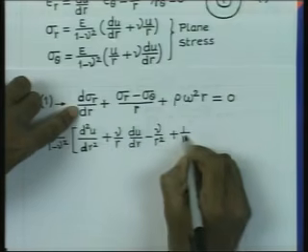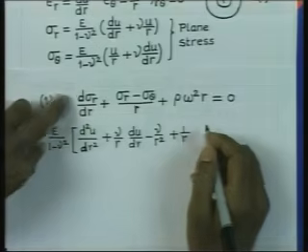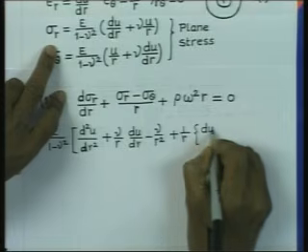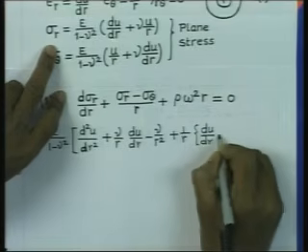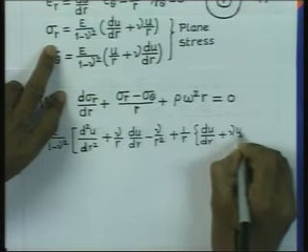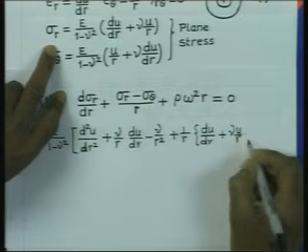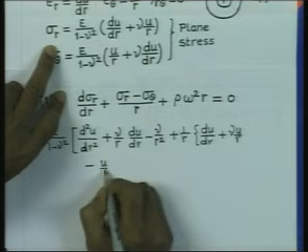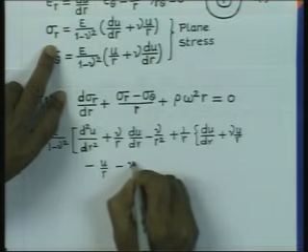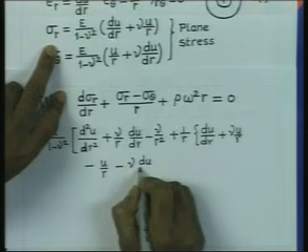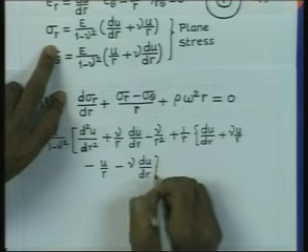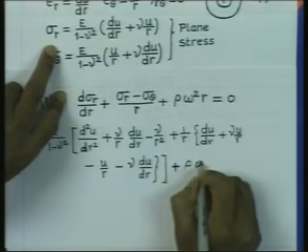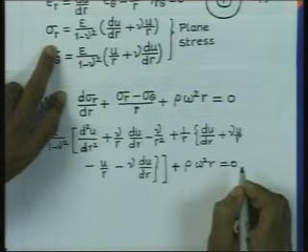So, E by 1 minus nu square can be taken out, and we will be left with du dr plus nu u by r minus u by r minus nu du dr plus rho omega square r equal to 0.